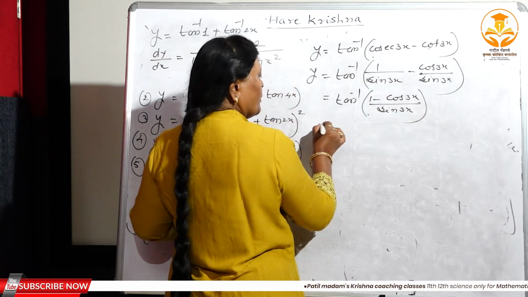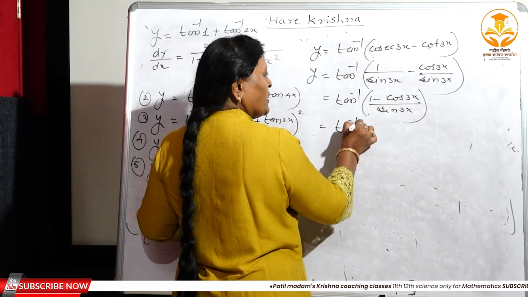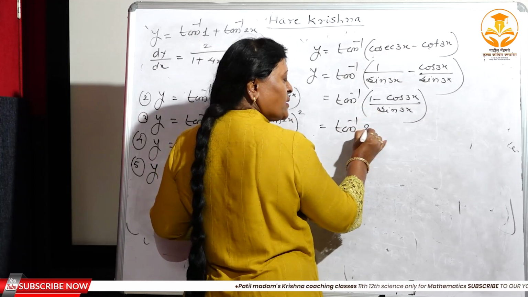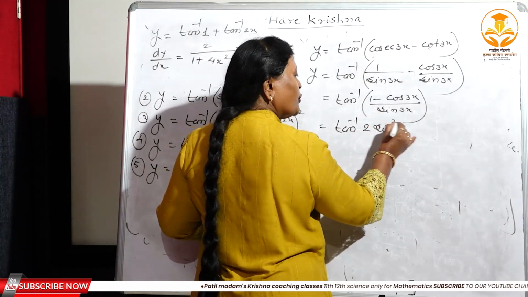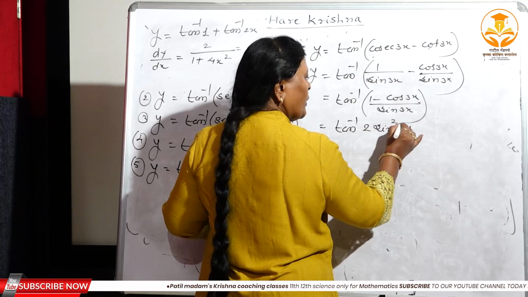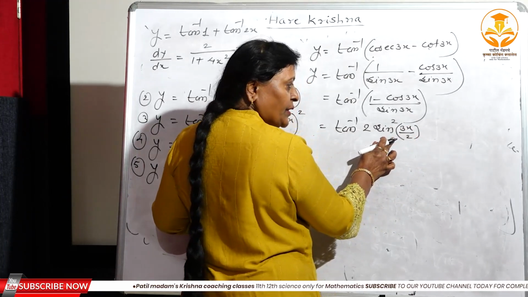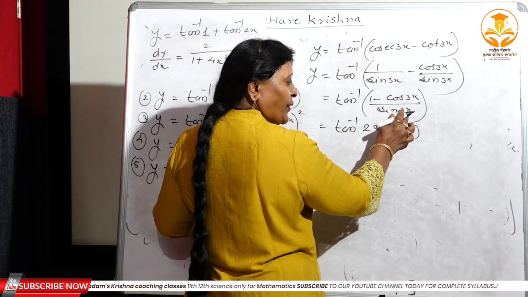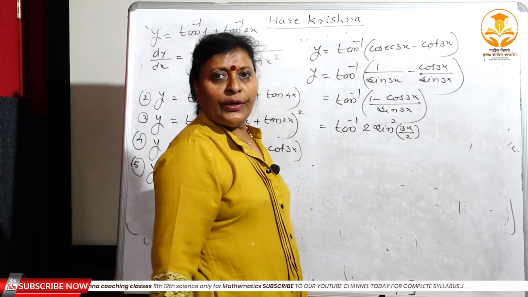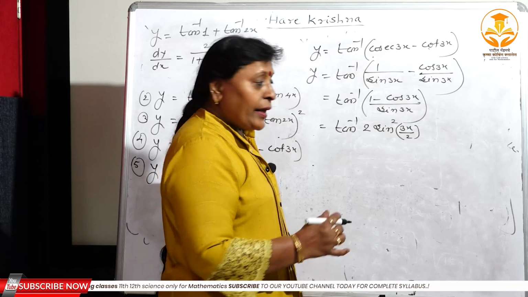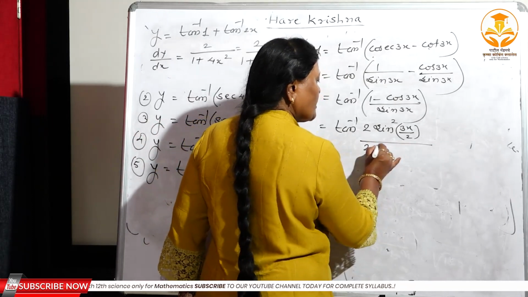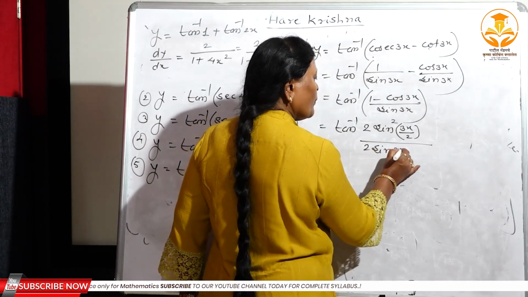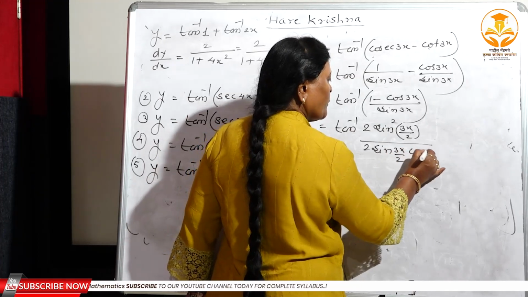Again you know the evergreen formula, that is 1 minus cos 3x you can write as 2 sin square 3x by 2, and on the ground of this you have to change, don't use the triple angle, you have to make the bifurcation. What is the formula of sin 2x? 2 sin x cos x. Here you have to write 2 sin 3x by 2 cos 3x by 2, right?